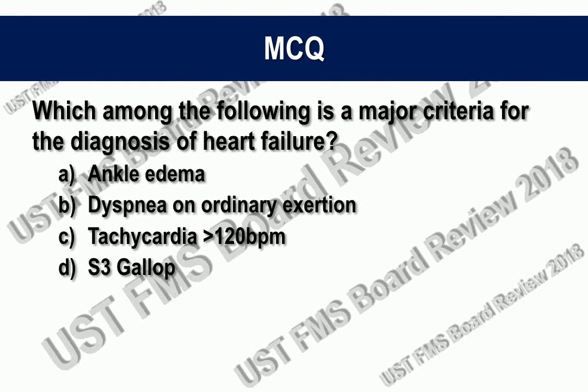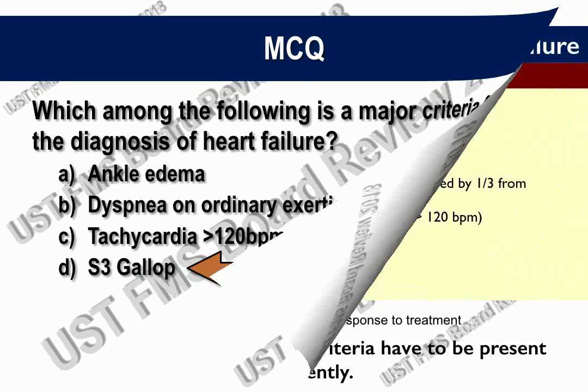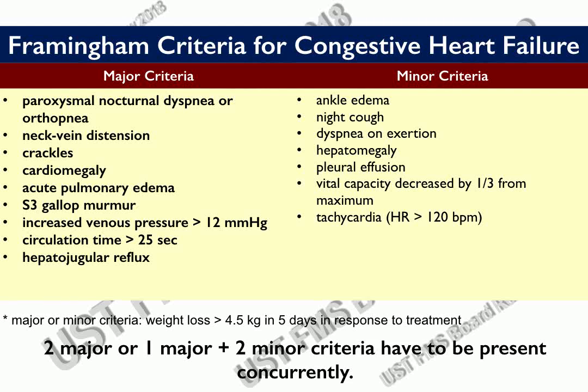Multiple choice. Which among the following is a major criterion for the diagnosis of heart failure? So do remember the Framingham criteria for heart failure. There's a major and a minor. So the major criterion here is your S3 gallop. So try to review your Framingham criteria.